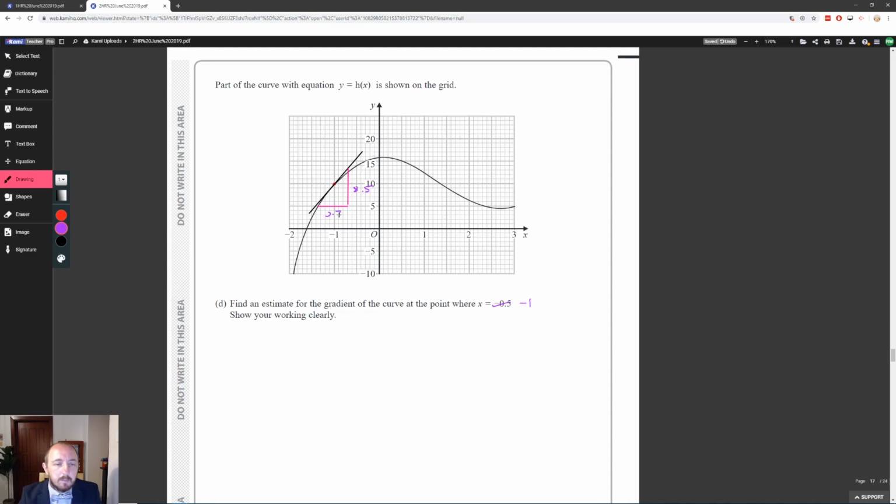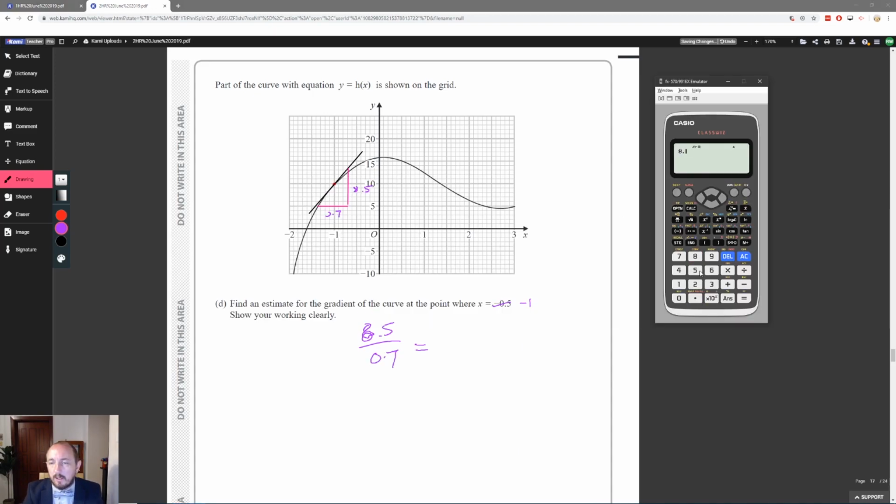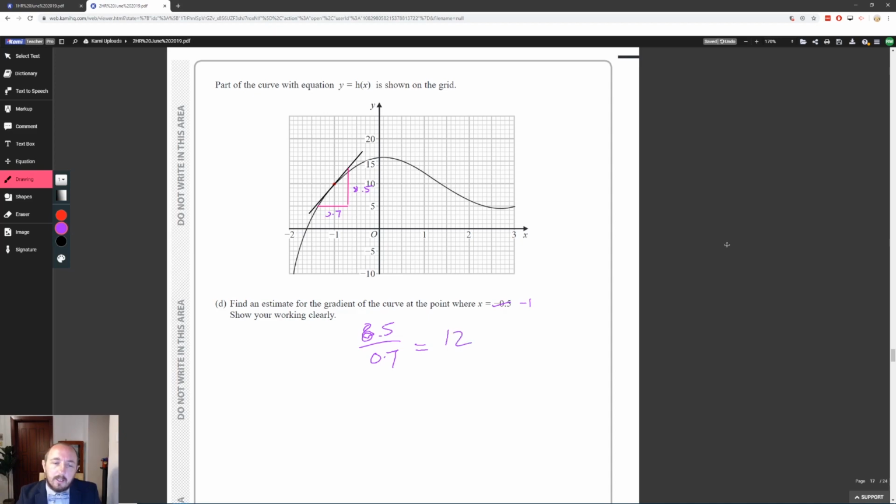So the gradient would be the change in y, 8.5 divided by 0.7. 8.5 divided by 0.7 is approximately 12. So it's approximately equal to 12 for the gradient there.